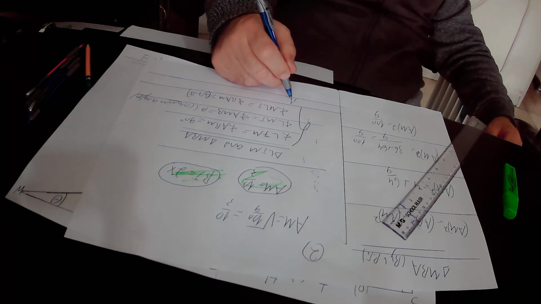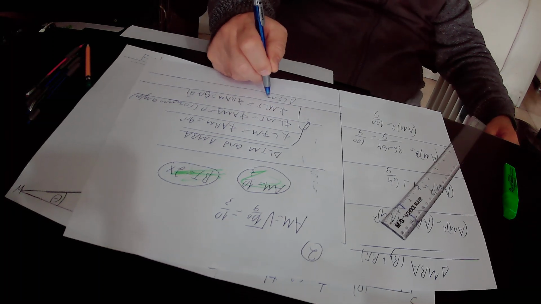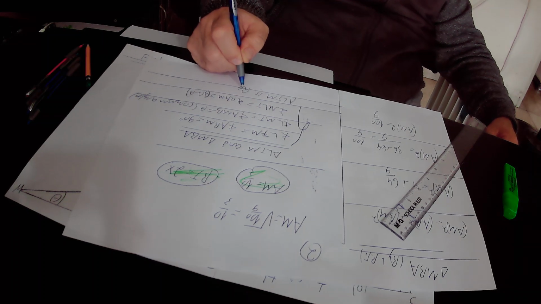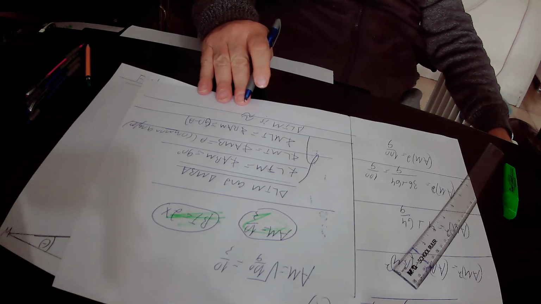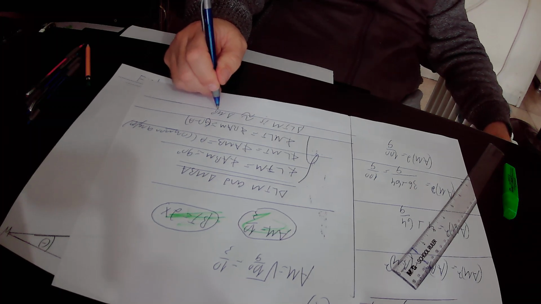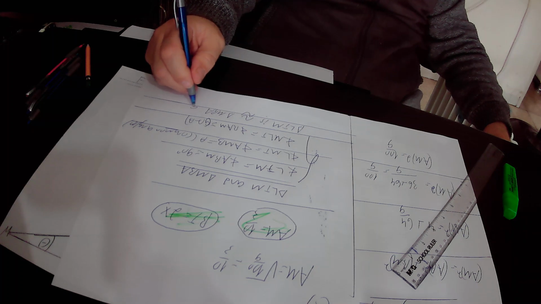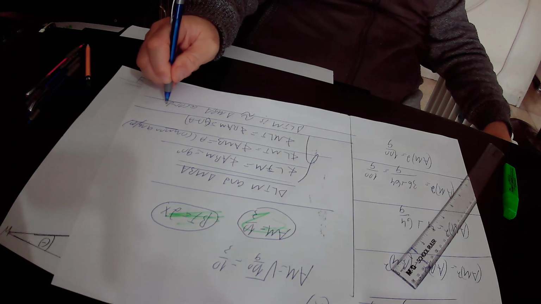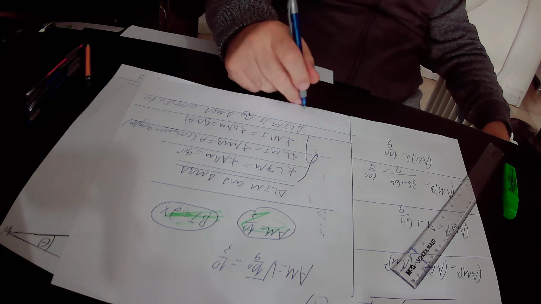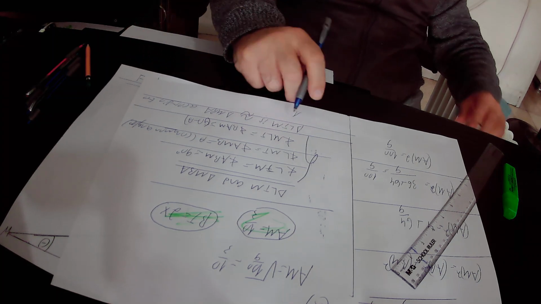The big right triangle LTM is similar, this is the sign of similar, to the small right triangle MBA according to the angle similarity rule.